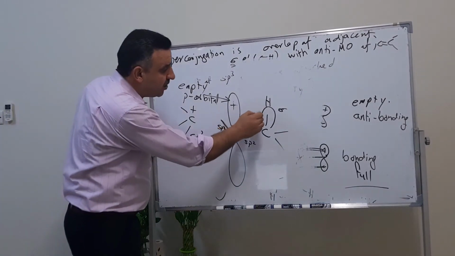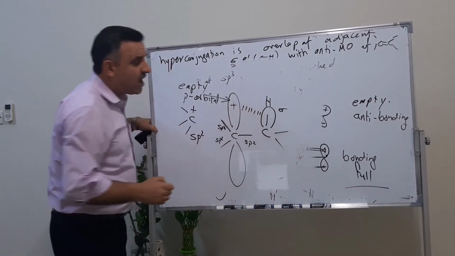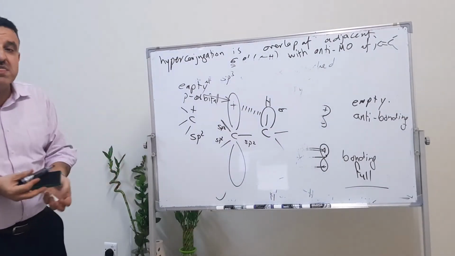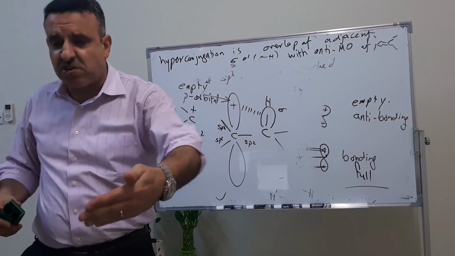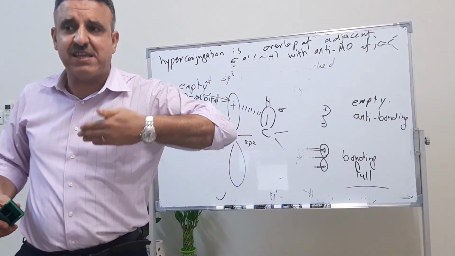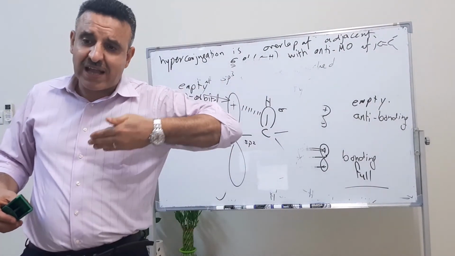Now, this sigma bond can hyperconjugate with the vacant p orbital and make some sort of bonding, some sort of stabilization, some sort of attraction.